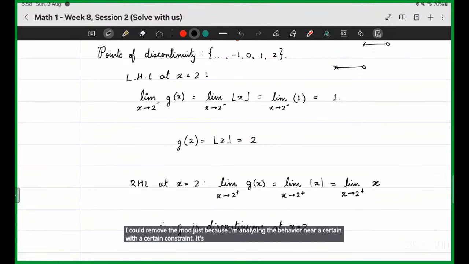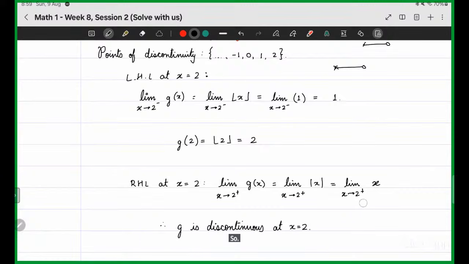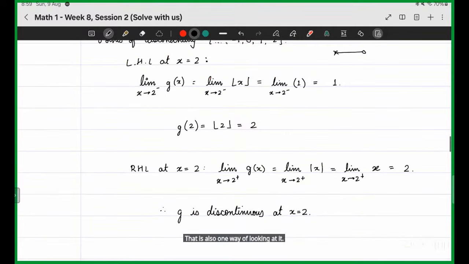I'm strictly above 2, so I may as well remove the mod. Now I can substitute. That is also one way of looking at it.